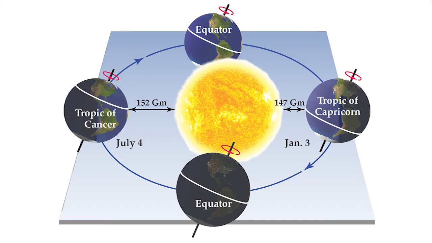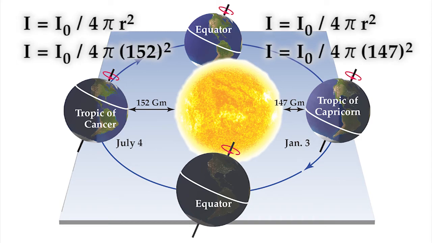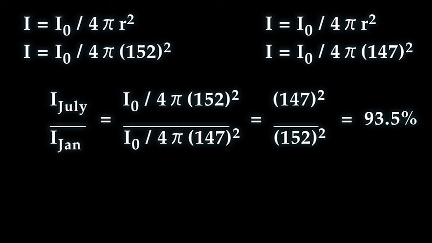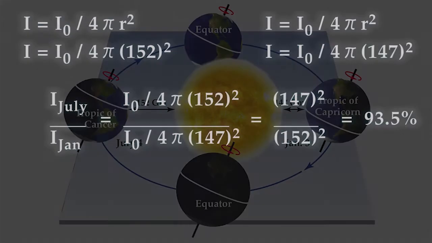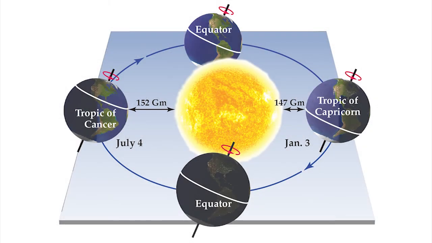The distance between the Sun and the Earth varies between 147 million kilometers on January 3rd and 152 million kilometers on July 4th. Putting these values into this equation means that Earth, at its furthest distance from the Sun during the summer in the Northern Hemisphere, receives only 93.5% of the solar energy that it receives at its closest distance. Nonetheless, the more acute angle of the Northern Hemisphere to the Sun during July more than compensates for the further distance.